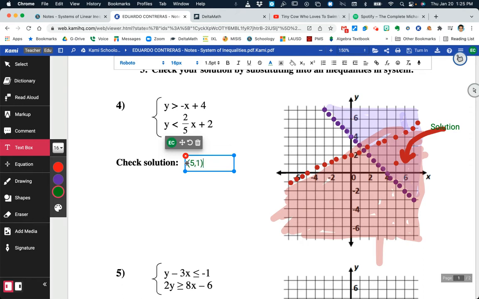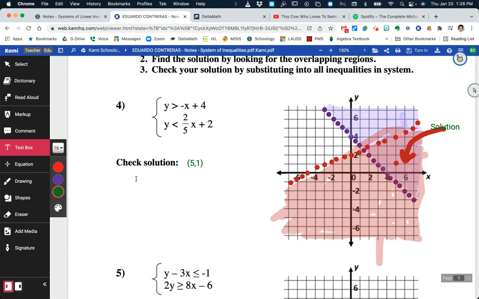So on this part where they're asking us to check, pick a point that's part of that region that we say is a solution. And we're going to replace x and y, the 5 and the 1, into the equation and see if it works out. So we're going to first try the first inequality.